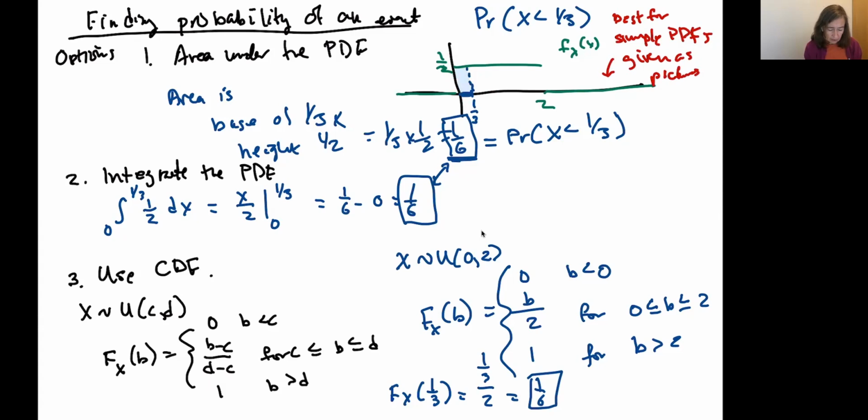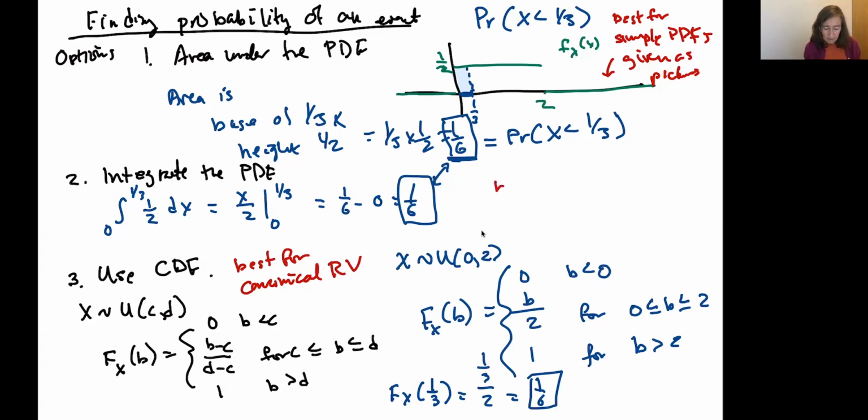Using the CDF is probably best for the canonical random variables. Best, I would say, for the uniform, for the exponential that we're going to be talking a little bit about in the next set of lessons. It's also kind of best if you're just trying to get an answer.